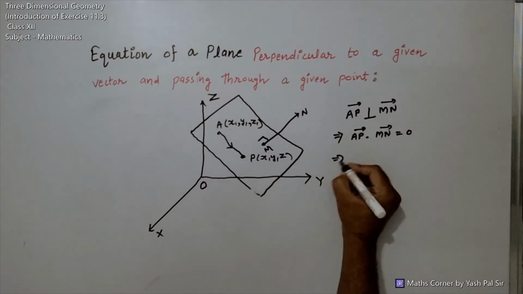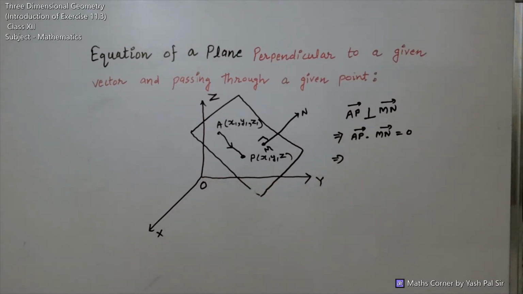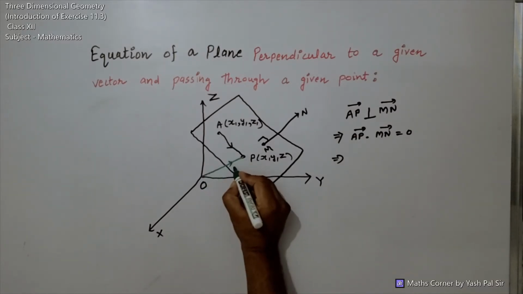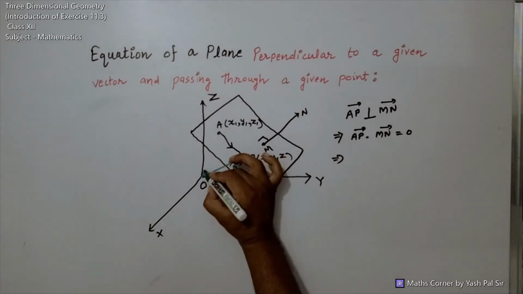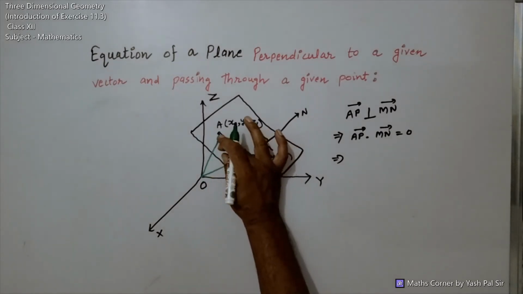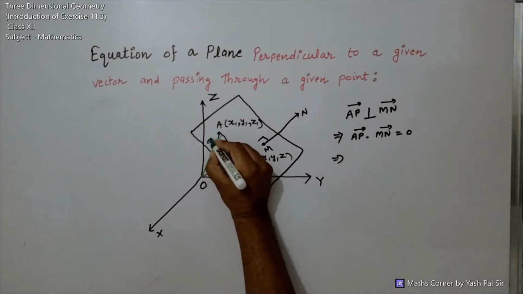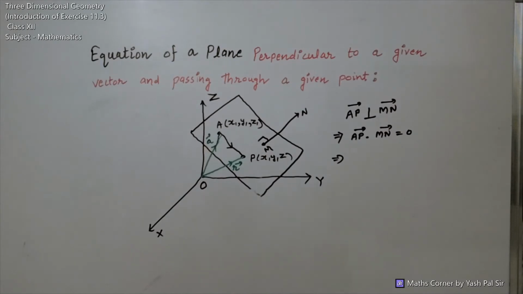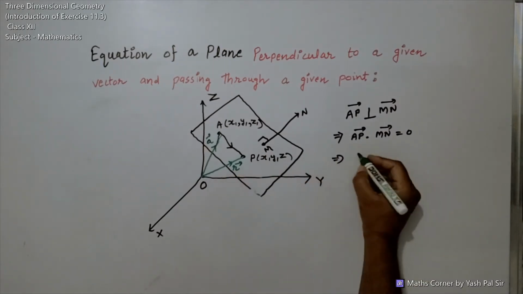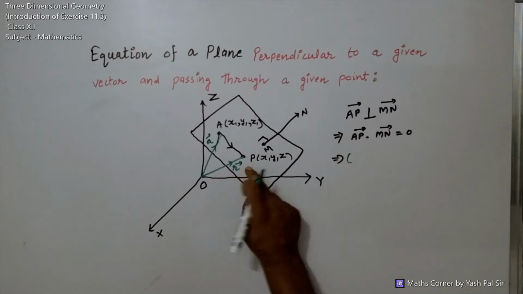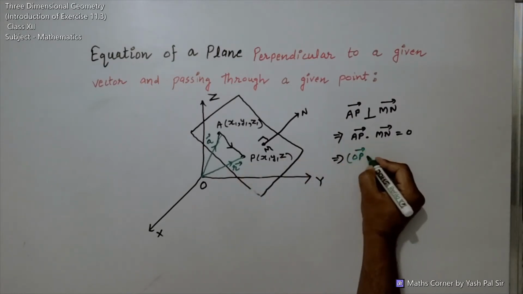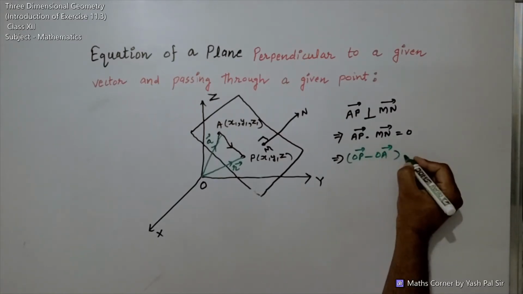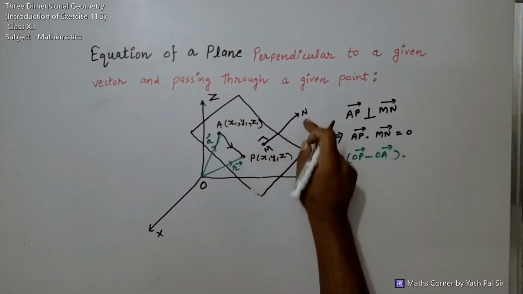Now what is AP? AP means joining here OP, this is vector R, joining OA, this is vector A. So the position vector of this given point A is vector A. So we write AP equal to vector OP minus vector OA dot product MN.